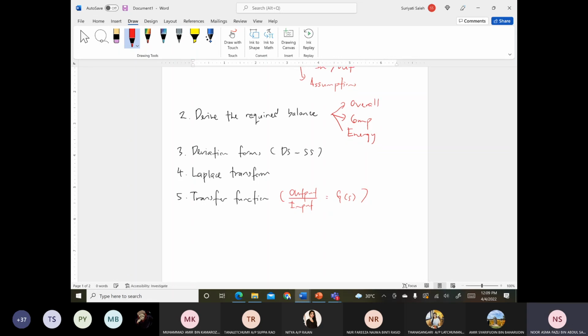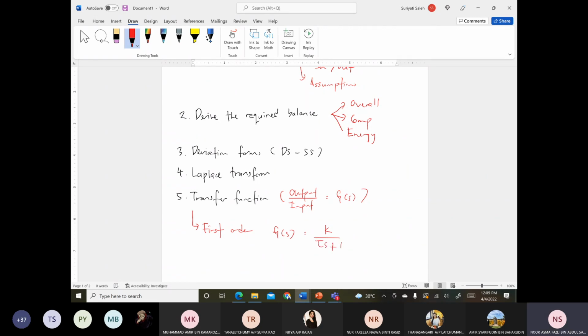Based on the transfer function, normally we will form what we call the first order transfer function. The standard form for the first order is G(s) equal to K over tau s plus 1.